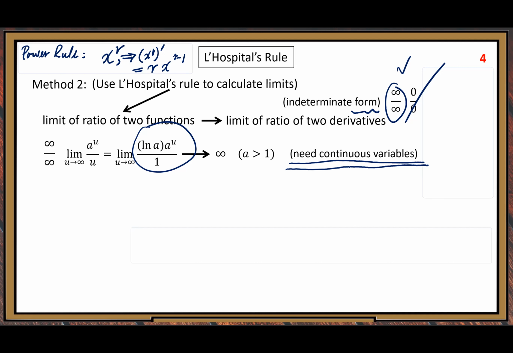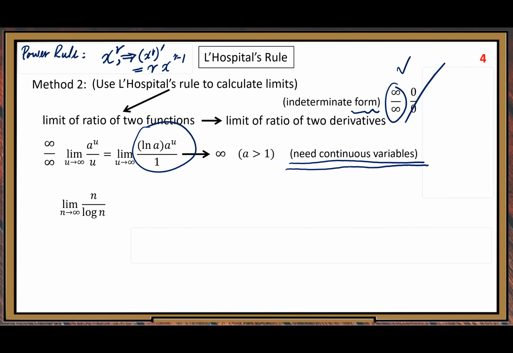Let's look at our original question: finding the limit as n approaches infinity of n over log base a of n. This form is also an indeterminate form, infinity over infinity.